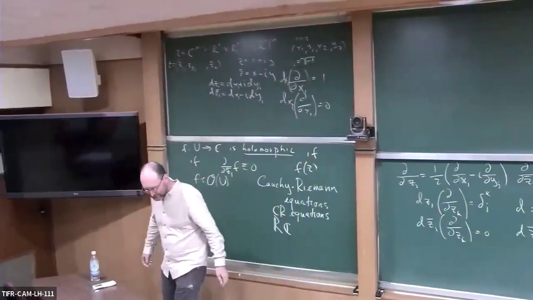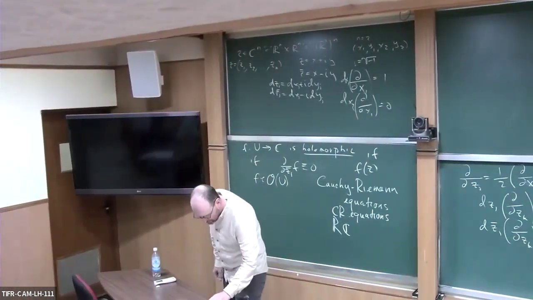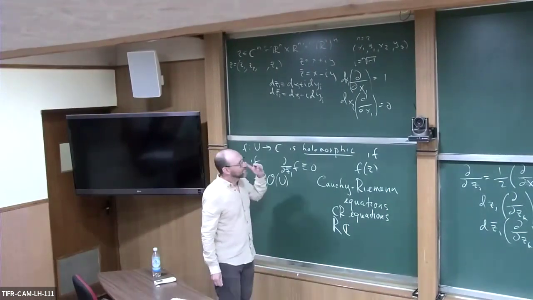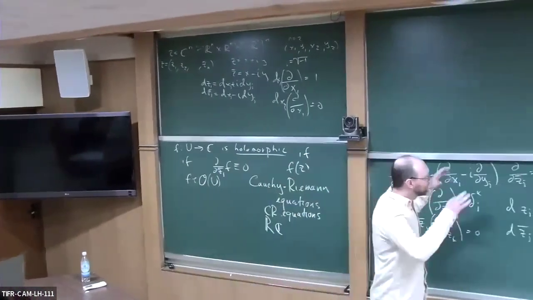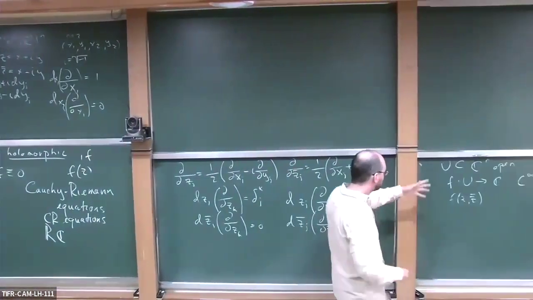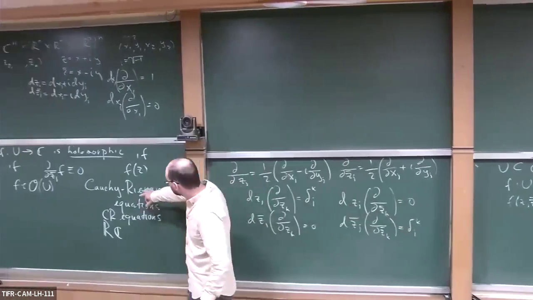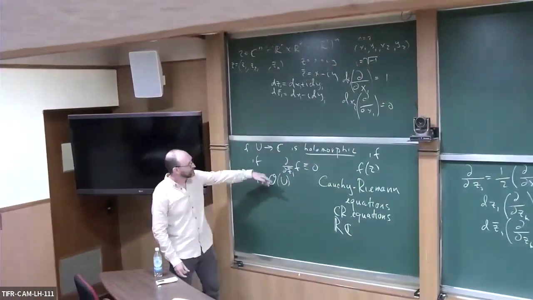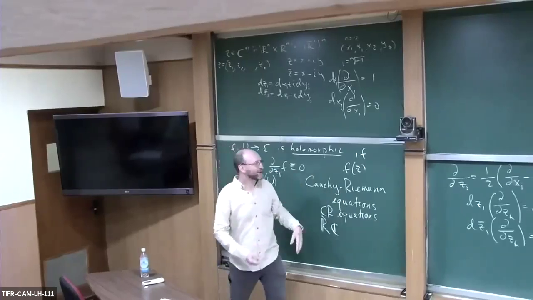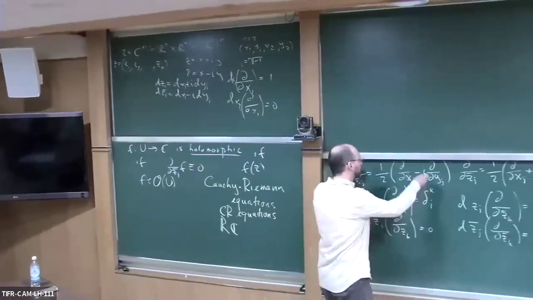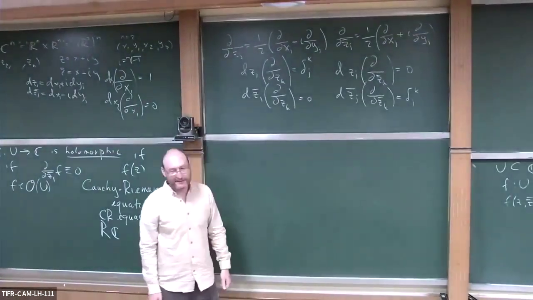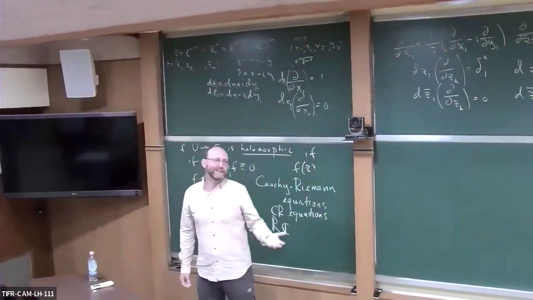All right, so that's CR. Now, if you want to think of smooth functions that satisfy the CR equations as holomorphic functions, the easiest way to think about it is always to write out examples.